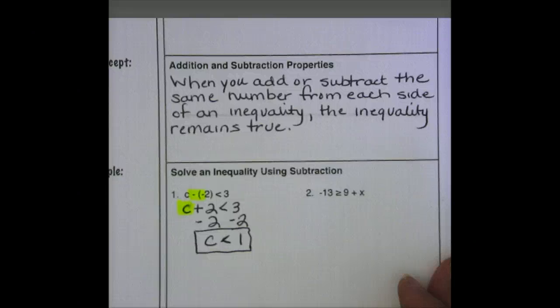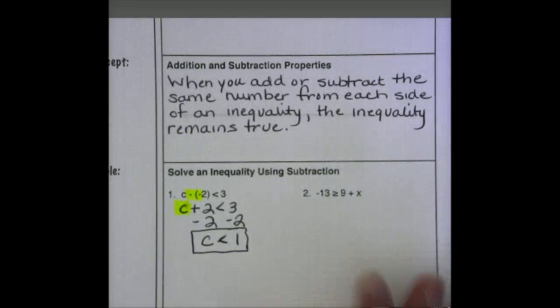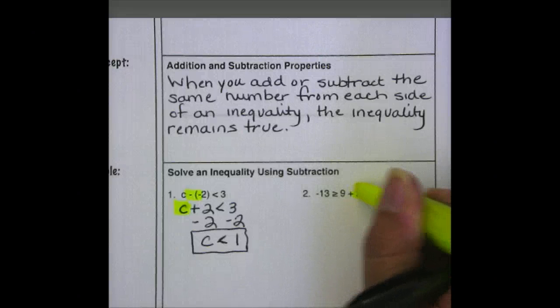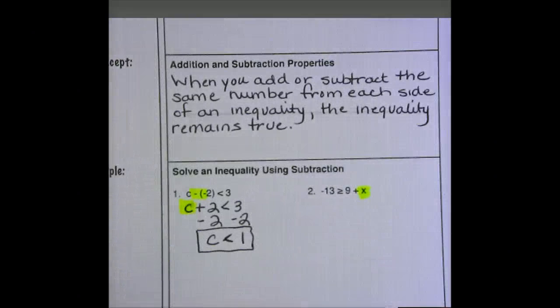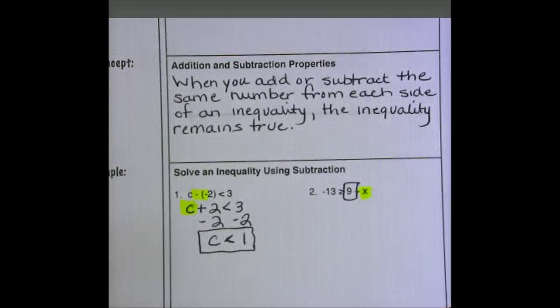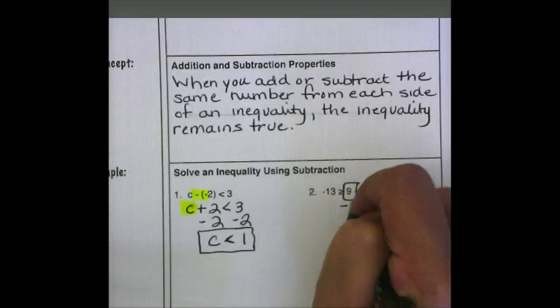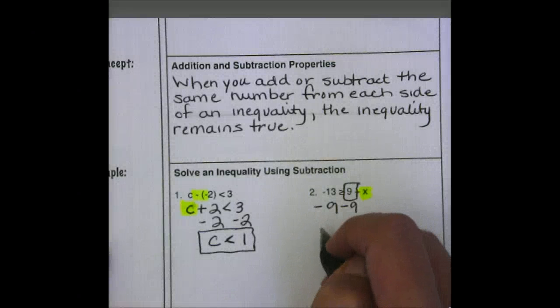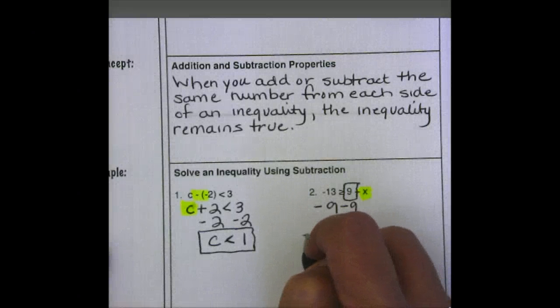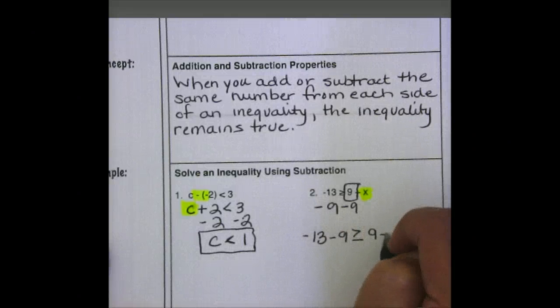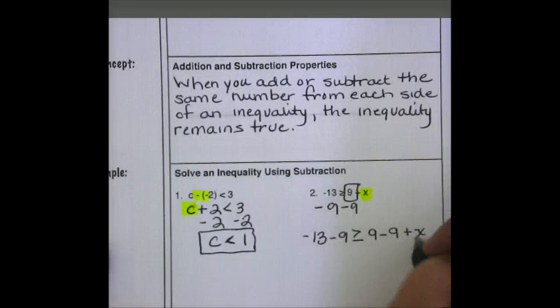So number 2 says negative 13 is greater than or equal to 9 plus x. So let's highlight our variable. That's what we want to isolate. And if we put a box around what we have left, we have positive 9, so we know that we need to subtract 9 from both sides. Now, for some of you, I still think it's easier if you show your work this way: negative 13 minus 9 is greater than or equal to 9 minus 9 plus x.